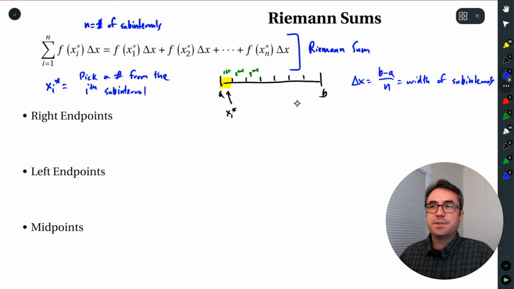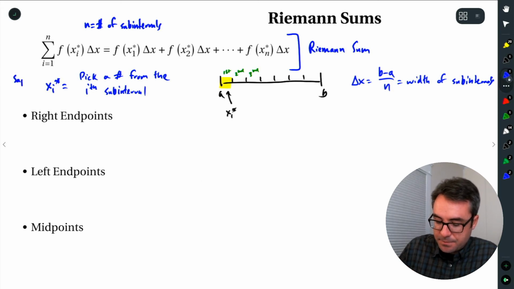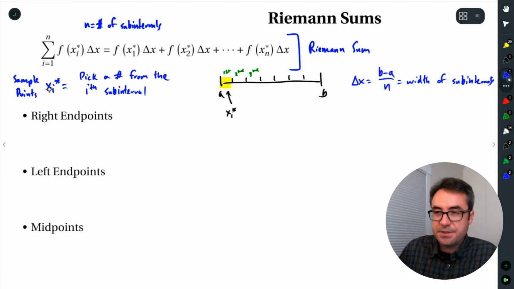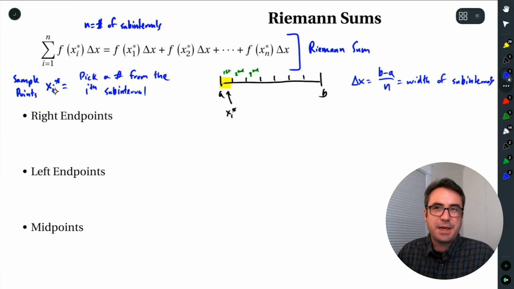So it's the endpoints of our big interval divided by n. And that gives us the width for each of these small subintervals. All right, and we call these x star values sample points.